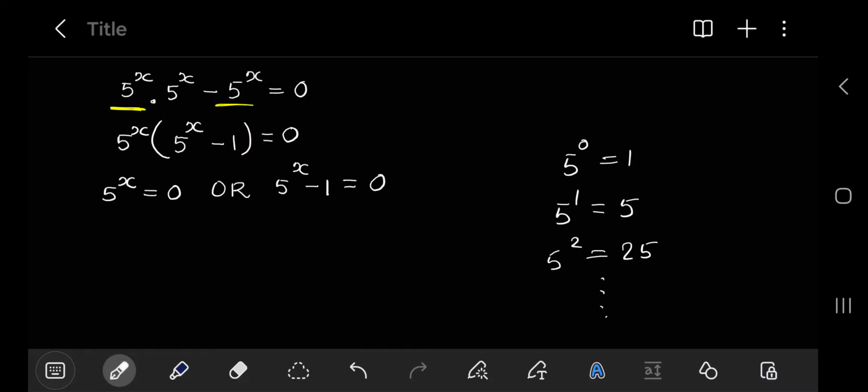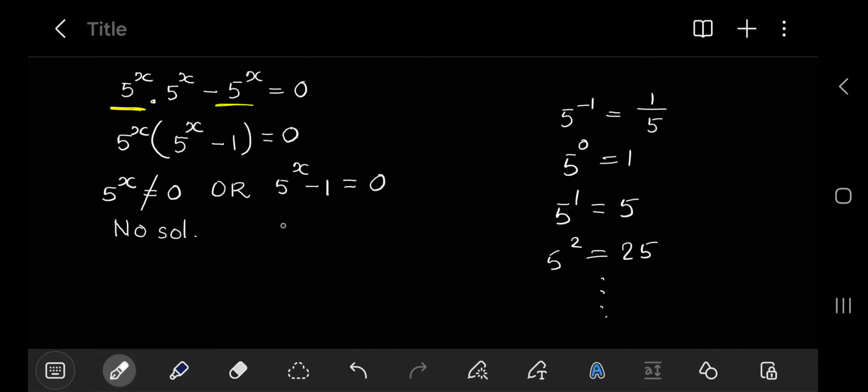There is nothing, even if you look at negative exponents. Say you go with 5 to the power minus 1. That's 1 over 5. So there is no exponent that you can put on 5 that gives you 0. Which means that for the first part, 5 to the power x cannot equal 0. There is no solution for that.